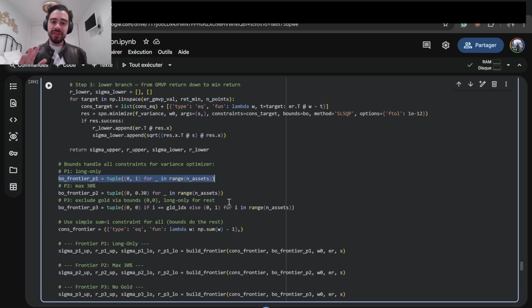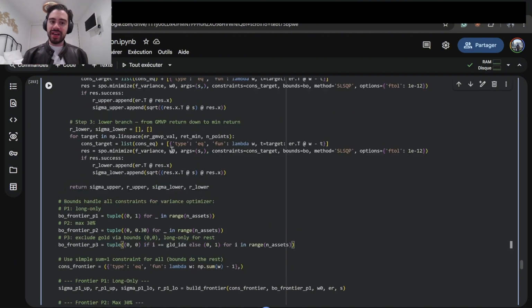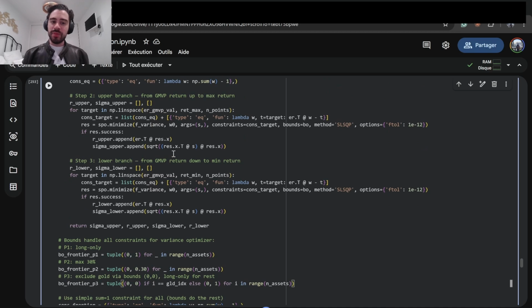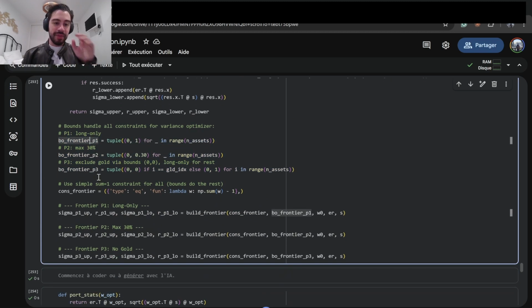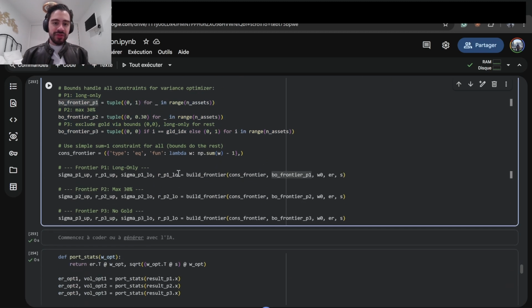I don't use the same bounds, the same function that I defined before, because this is not a minimize Sharpe. This is a minimize variance. So you basically get these boundary functions, and after that you get all these numbers, the returns and the standard deviations that are above and below in each different function.